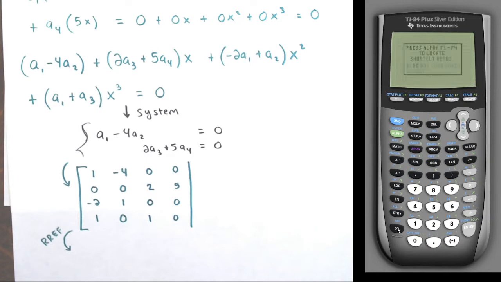But I'm going to go to my 84 Plus here, and again the 83 is very similar. Go to the matrix menu, over to edit, and make a 4 by 4 matrix. That's what this coefficient matrix is.